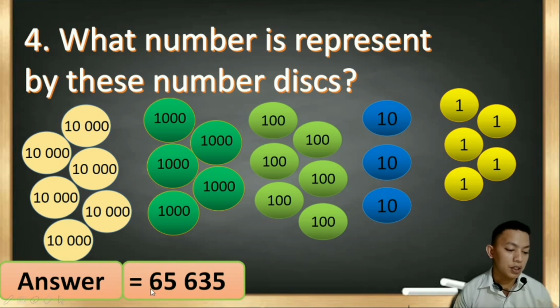This would be 60,000 plus 5,000. We have 65,000. And we have 1, 2, 3, 4, 5, 6. 600. And we have 1, 2, 3. We have 3 value of tens. Next is 1, 2, 3, 4, 5. 5 value of ones. Correct.